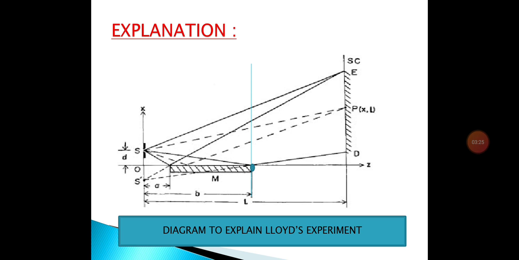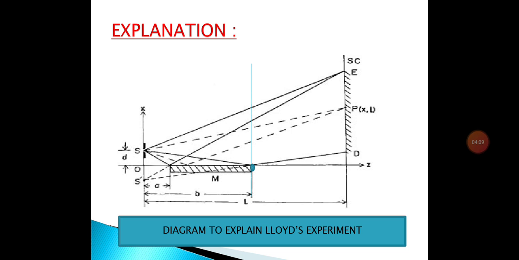In this case, you can see the central point opposite to the point O on the screen, represented here by Z. At the central fringe, the geometrical path difference between the waves coming from S and S dash is 0, as this central point receives light only from the source S and no reflected light reaches the point Z. So the central fringe at Z will not be available, because only one wave from the source S is reaching here and we are not getting any light due to the source S dash.